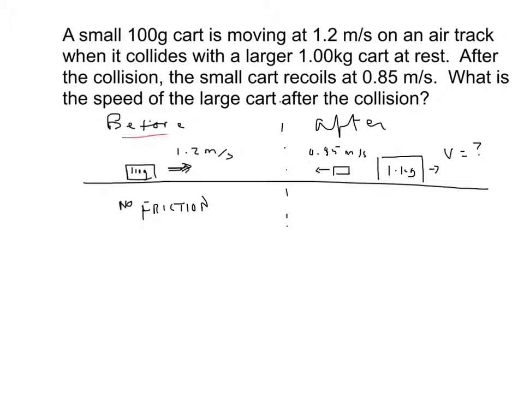So what I have here is a before and after picture, and what I know is that if we look at the momentum before, it must equal the momentum after. In the case of before, the momentum here is just represented by this guy.